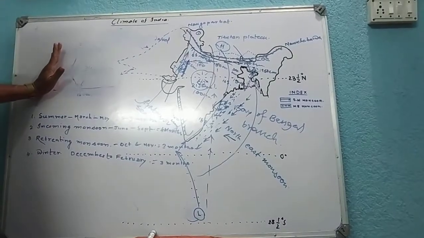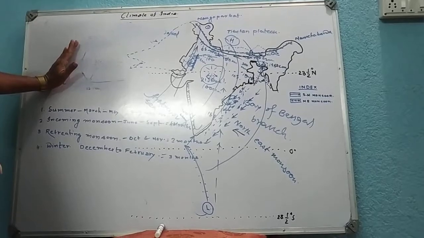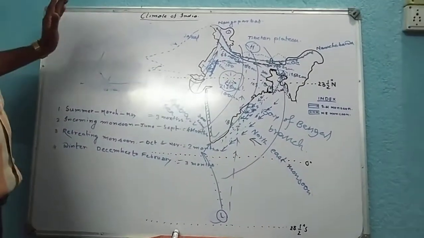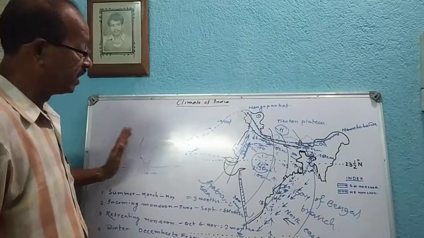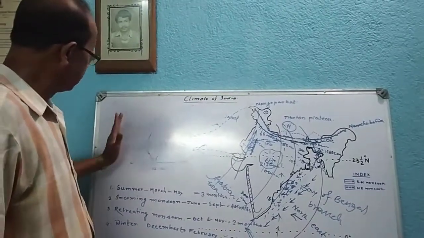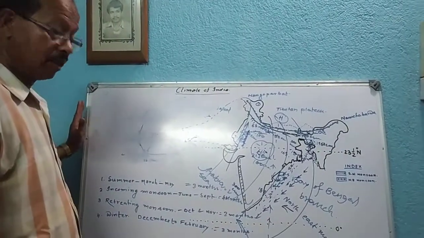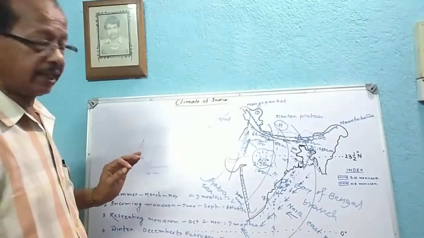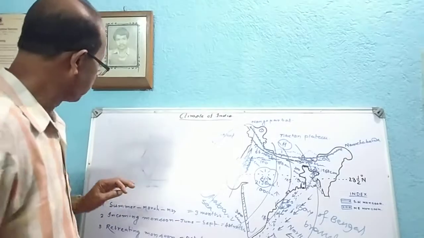From the western part, the Mediterranean type of climatic zone is there. The Mediterranean climatic zone is to the west of India: Pakistan, Afghanistan, Iran, Saudi Arabia and Mediterranean Sea. In between this, there is Syria and Turkey, Israel, Lebanon, Jordan, etc.